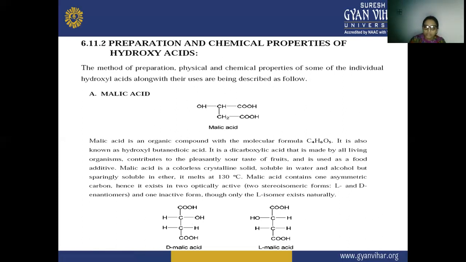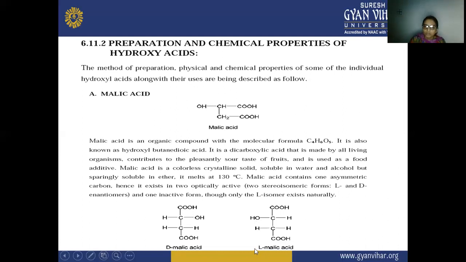That is the stereoisomeric form, L and D. This is the D form, because the OH is present on the right side, dextro. And this is the L form, levo, where the OH is present on the left side.